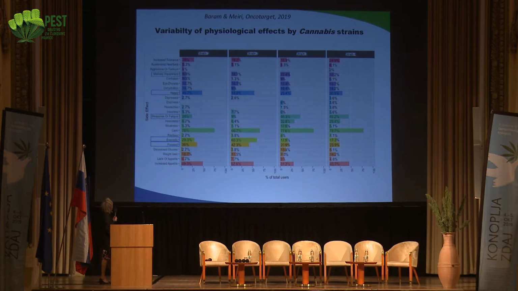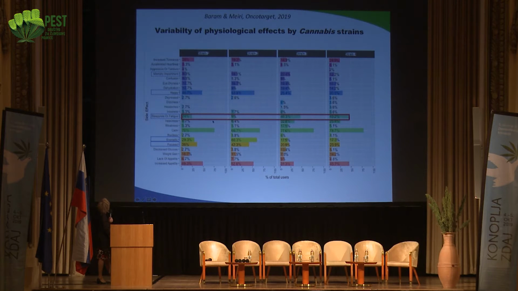You can see here they were defined by how they impair memory, how they make you happy or excited, what are the effects on fatigue or depression and so on. And you can see that they are very different.